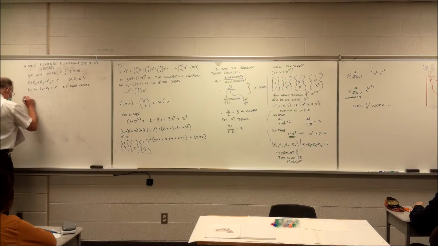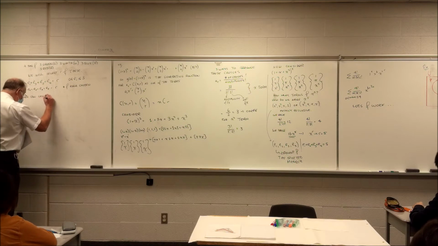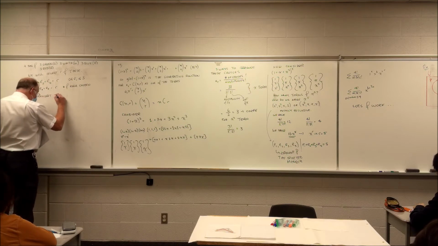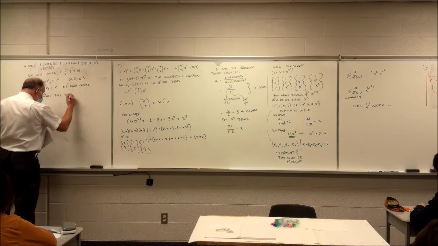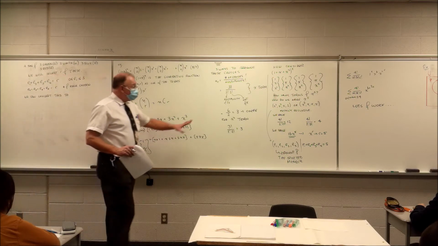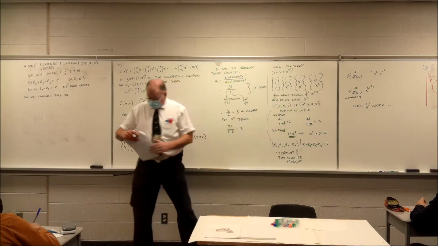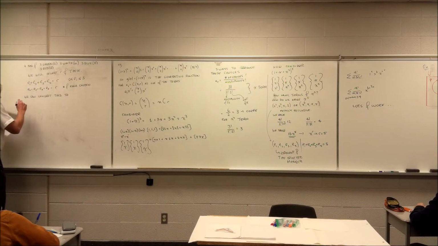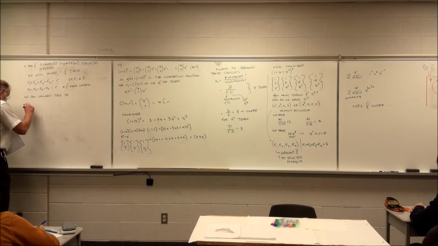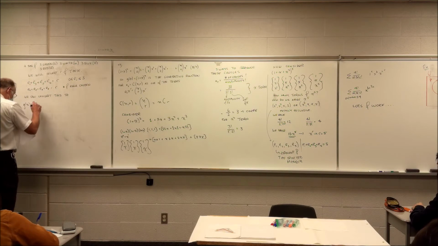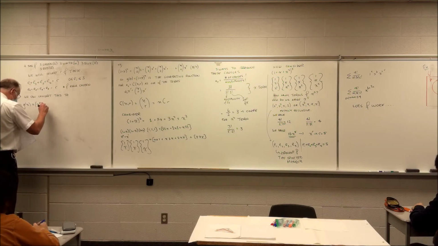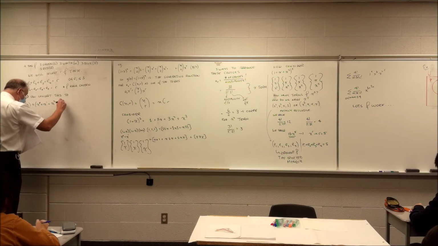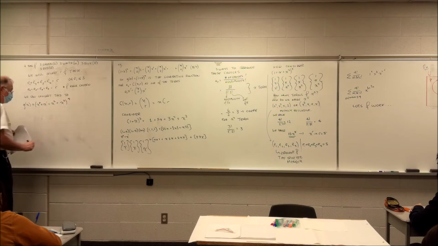We can convert this, based on how we interpreted things over here, to g of x would equal x to the 0 plus x to the 1 plus x squared plus x cubed, to the 4th power.